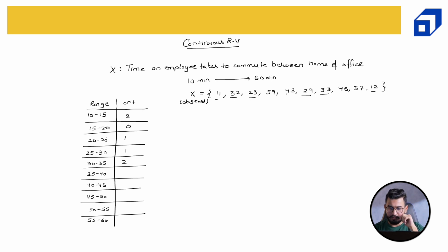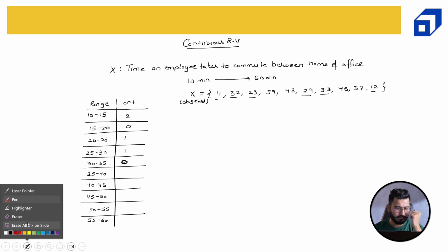30 to 35, I'm having 33 and 32, so 2. So this was correct.